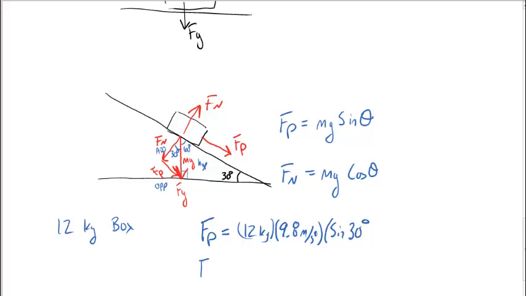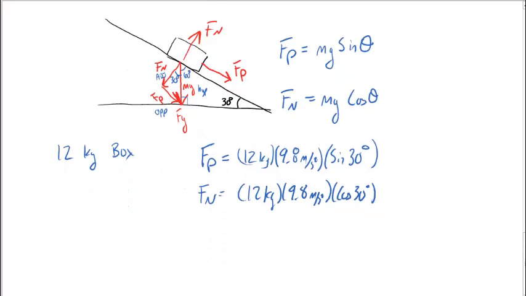Or if I want to find the normal force, that is 12 kilograms times 9.8 meters per second squared times cosine of 30 degrees. So this gives us the two components: the parallel force, the force pulling down, and the normal force.